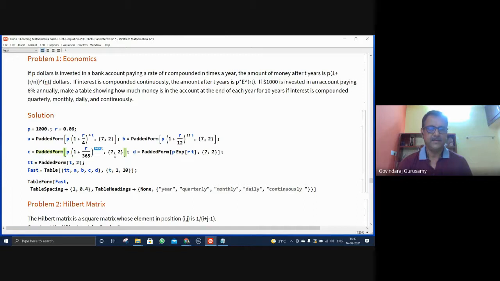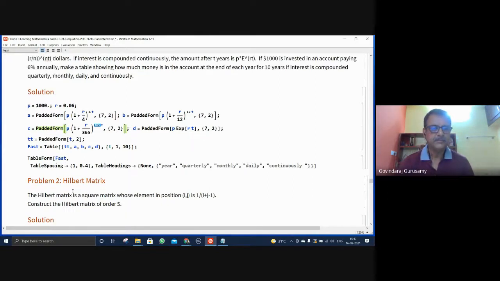Is it all right now? This is the padded form formula for this. So t also has been written in a padded form. Now, what is this? Fast. The table form is given with fast.